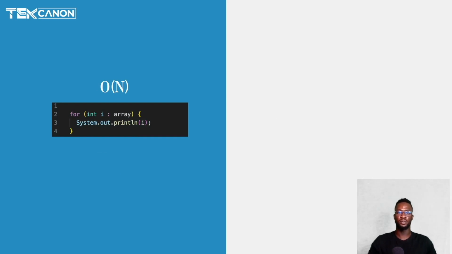Say, for example, just like in the previous analogy I gave, for every element that exists in a certain array, an array containing a couple of elements, you want to print out every element. This is a code snippet in Java, by the way. A for loop's job is to go through every single element within your array.